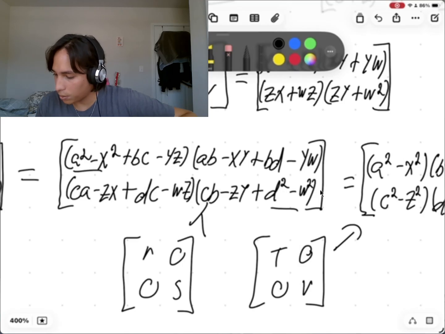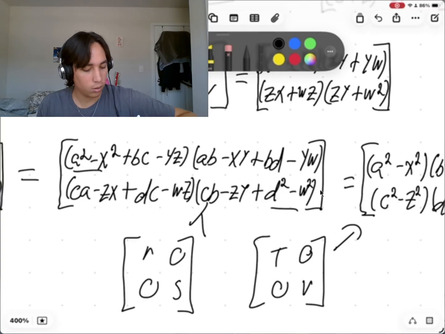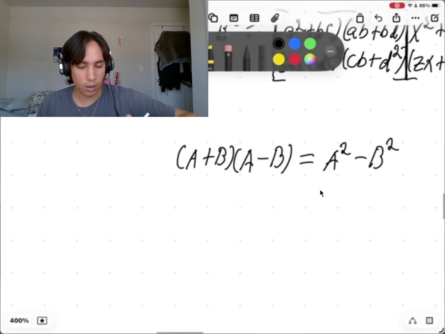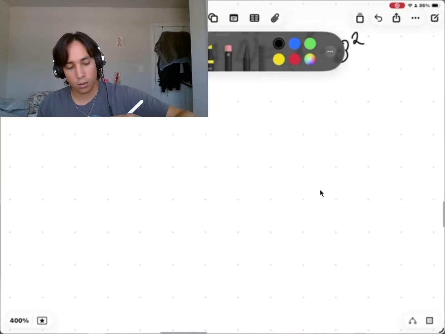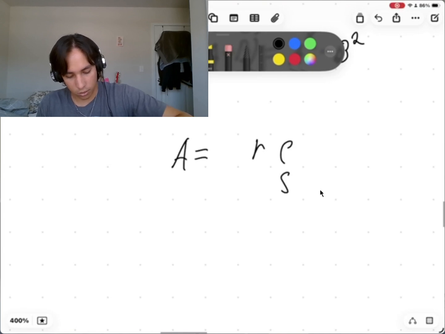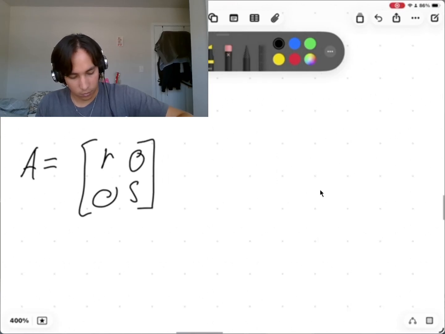So you got a plus b, expand a plus b cubed. All right, I'm gonna take it that a and b are diagonal to make this a lot easier. So let's say A is R, S, 0, 0, right?